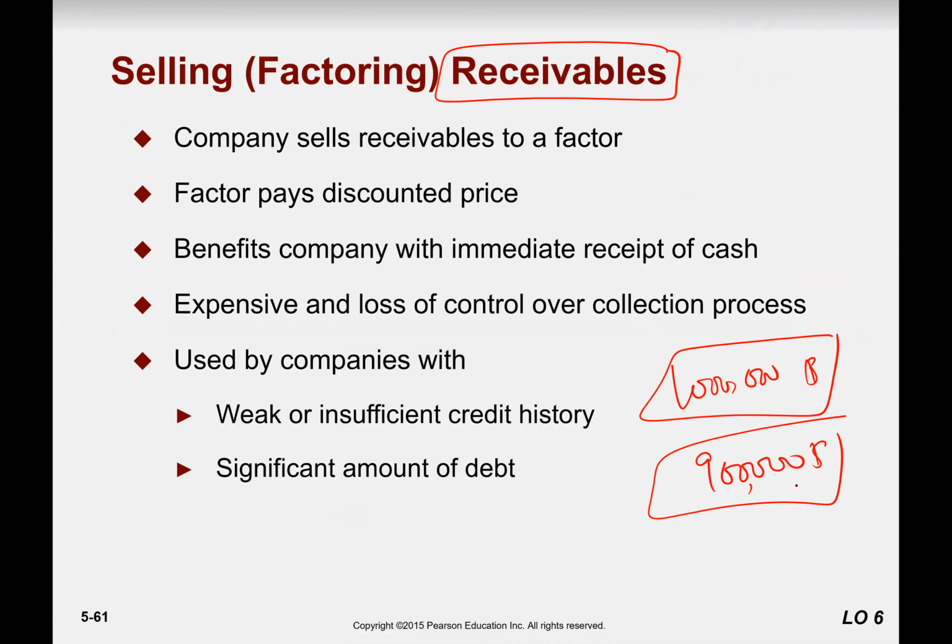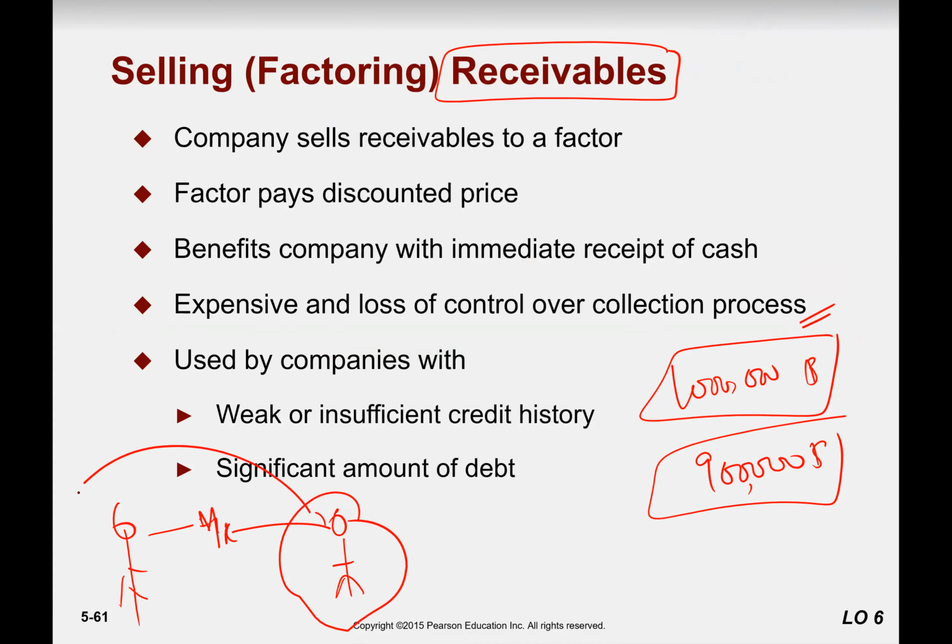Give us $900,000, and you can take our $1 million accounts receivable. So you sell your accounts receivable to a third party, and now this third party is dealing with your customers. All the amount they receive above the price they paid is their own profit, right?